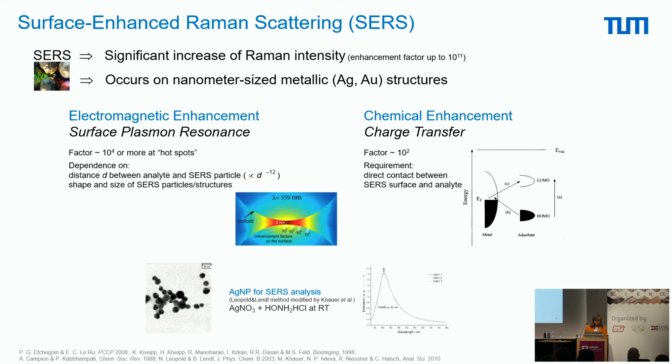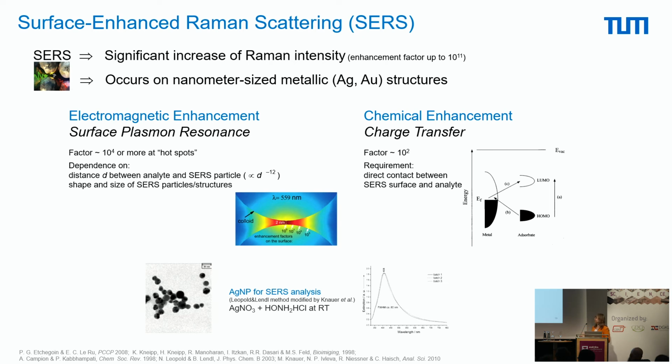SERS is a method which allows one to significantly increase Raman signal intensity if molecules are close or attached to a nanometer-sized metallic structure, silver or gold. And here at least two effects are thought to contribute to the total enhancement. It's electromagnetic enhancement or surface plasmon resonance, and chemical enhancement, charge transfer.